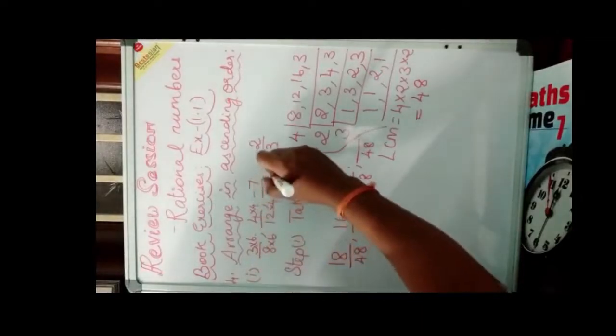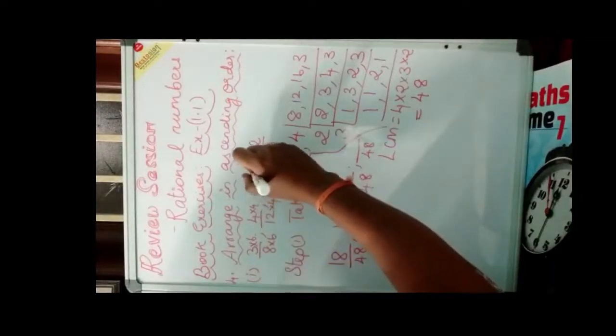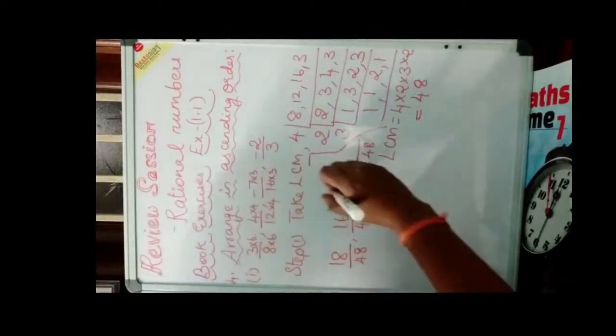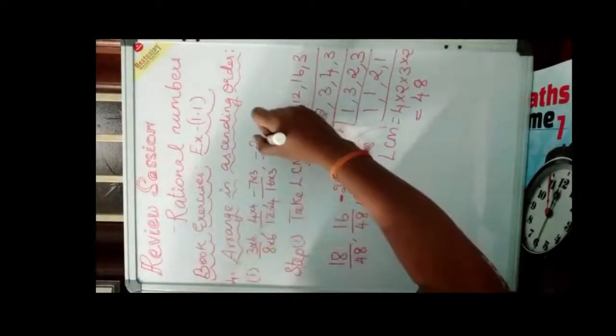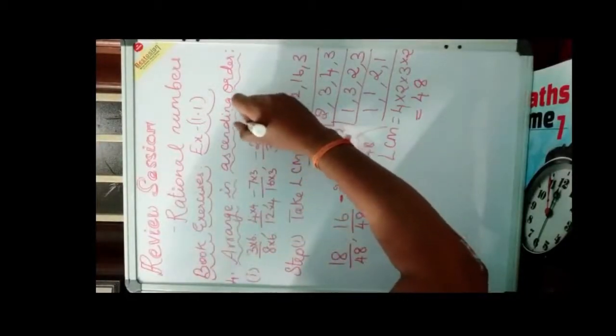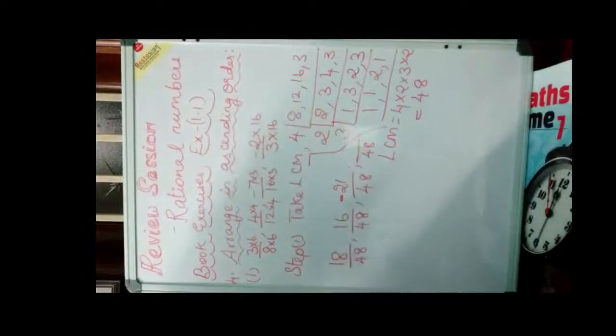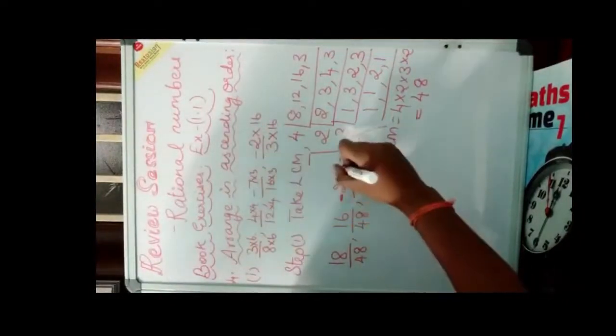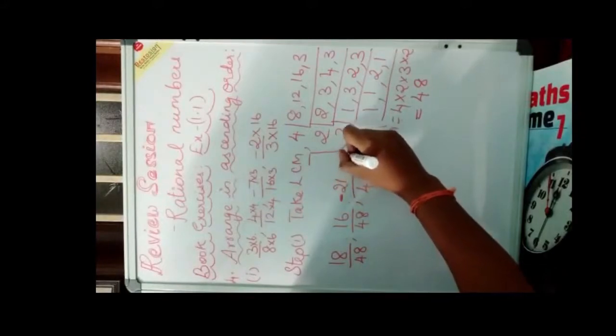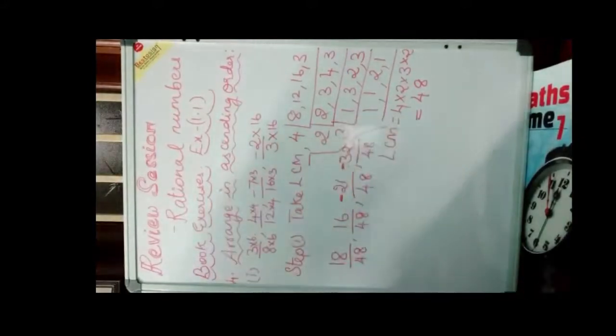If you multiply by 3, you will get 48. So 7 3s are, it is minus 21. Similarly here 3, you need to multiply by 16 to get 48. So 16 here also. So here you have negative symbol. So it is minus 32.